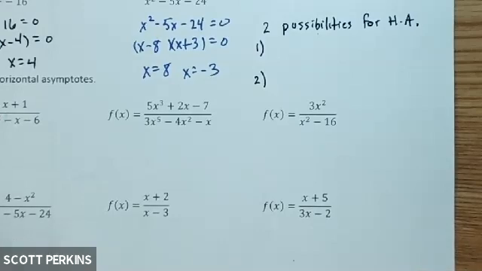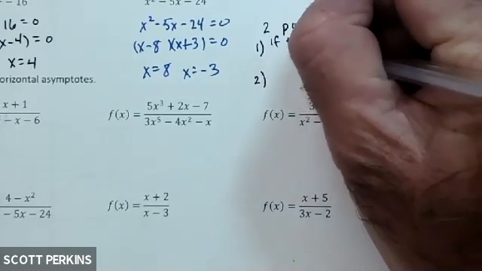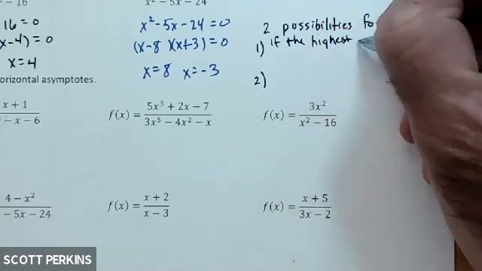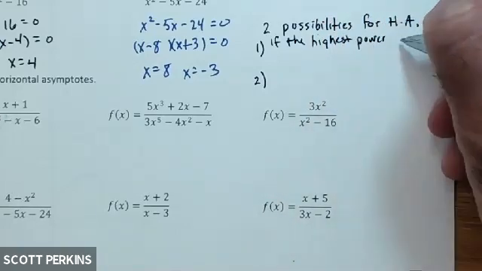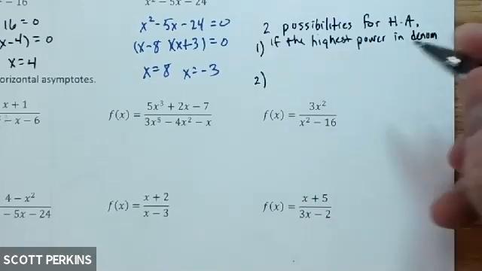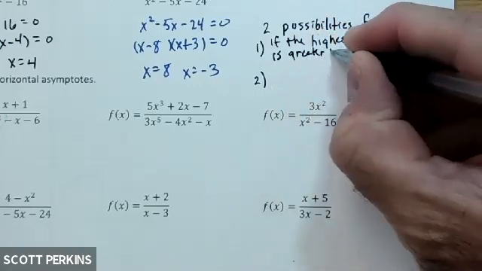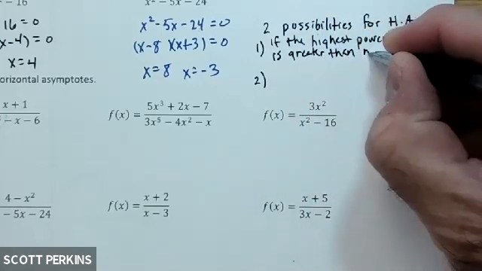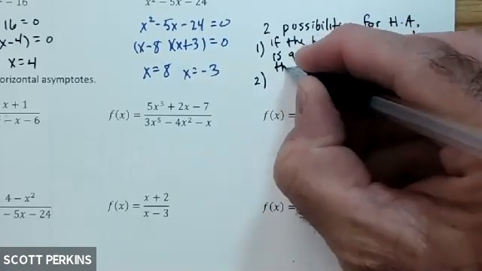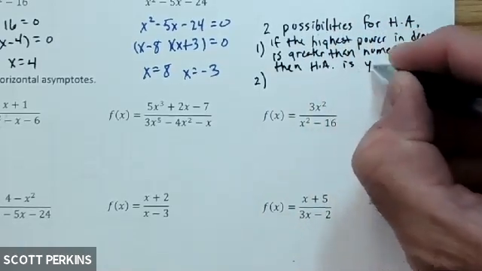So the first situation is this. If the highest power in the denominator is greater than the numerator, then the horizontal asymptote is the line y equals 0.